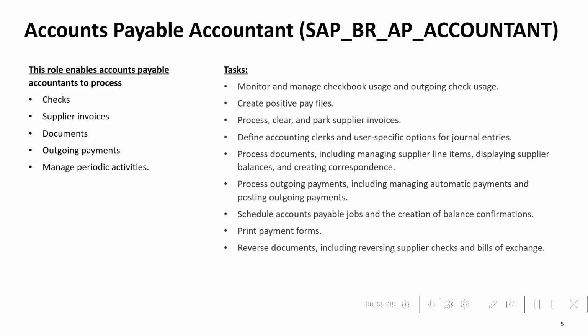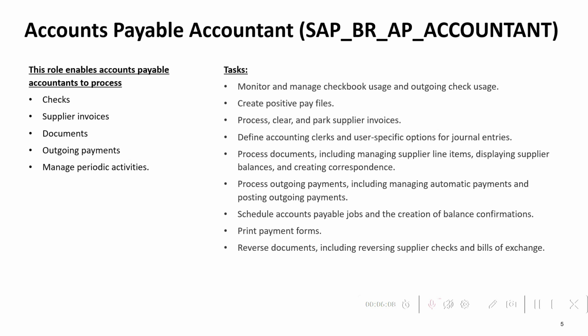What kind of tasks will the accounts payable accountant manage? Monitor and manage checkbook usage and outgoing check usage. Create positive pay files and process clear park supplier invoices. Define accounting clerks and use user-specific options for journal entries.